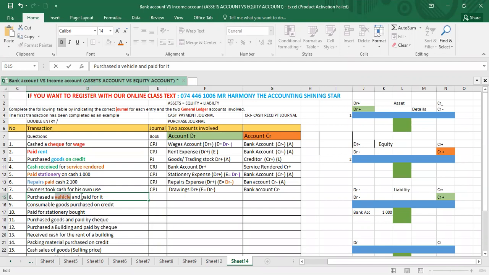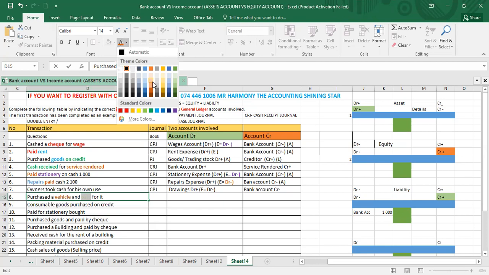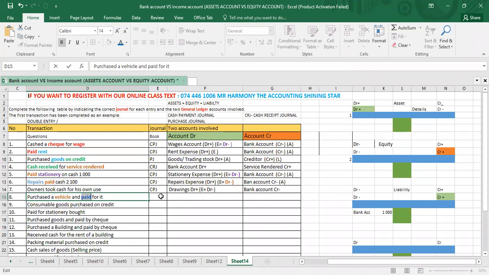Can you see we have highlighted the word vehicle, and we're also going to highlight the second keyword. We are applying the double entry. The second keyword that we need to highlight is the word paid. Can you see? Right, students.